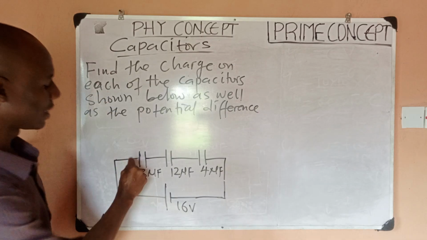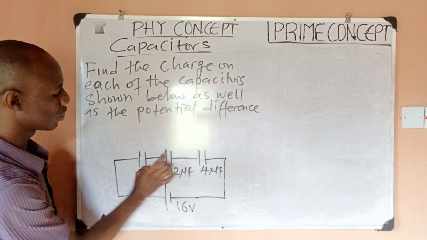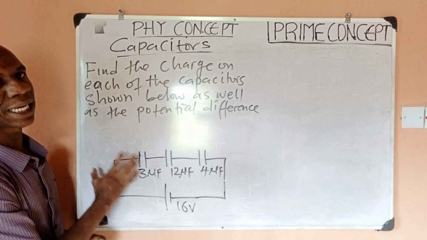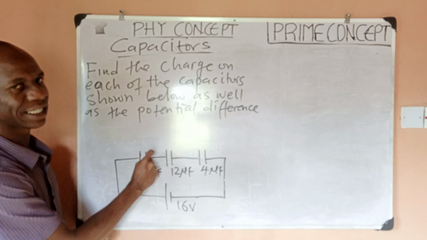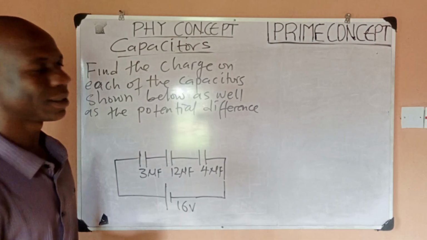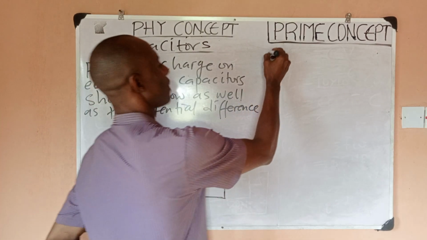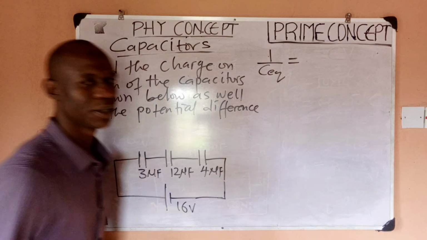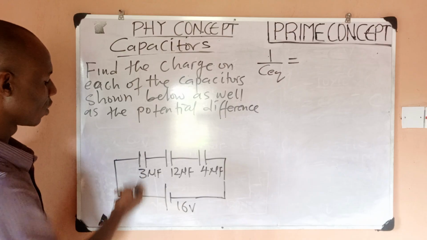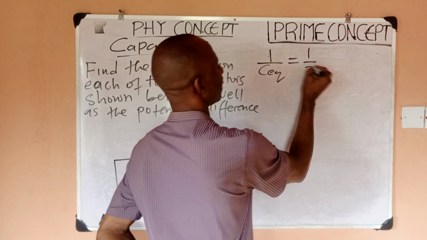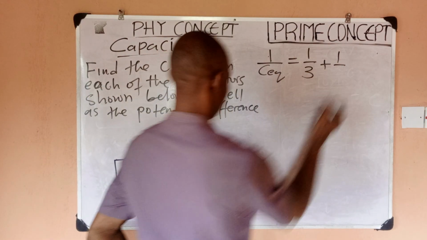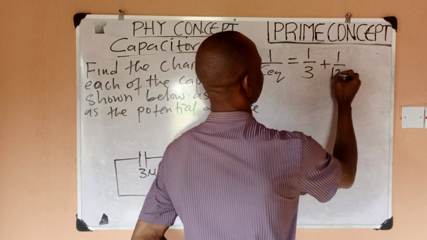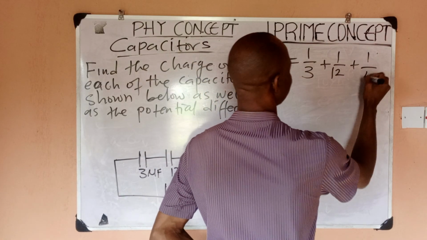Now, if you want to find the charge, because they are the same, the first thing you want to do is to find the total capacitance, to merge these three as one. Since they are in series, our equivalent capacitance for series arrangement is the inverse, right? So I'm going to do 1 divided by 3 plus 1 divided by 12 plus 1 divided by 4.